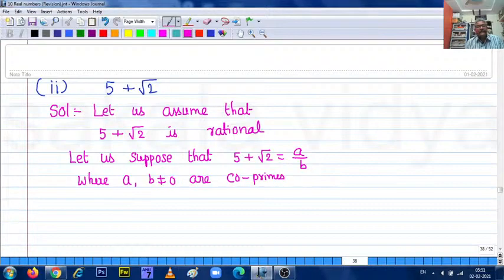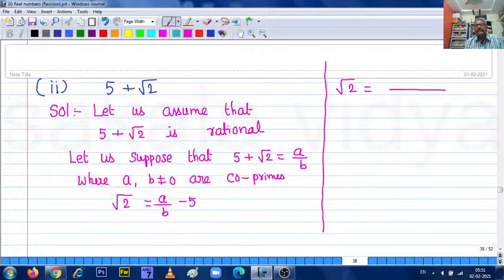Take 5 that side. So we get root 2 is equal to a by b minus 5. What do you write here? This root 2 equals, here LCM is b, a minus 5b by b. Here a minus 5b and b are rational.